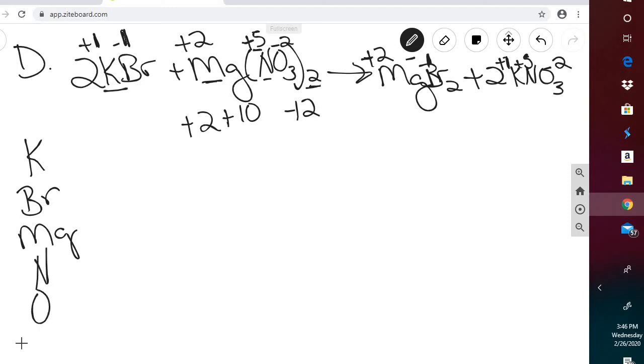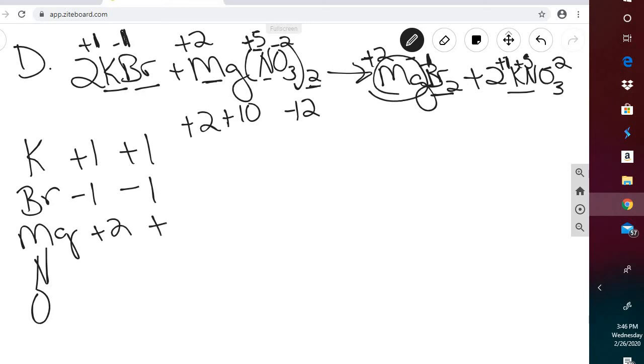So the potassium was +1 on the reactant side, and it's +1 over there. The bromine was -1 and -1. Magnesium is +2 and +2. Nitrogen is +5, and its oxidation state over here is also +5.